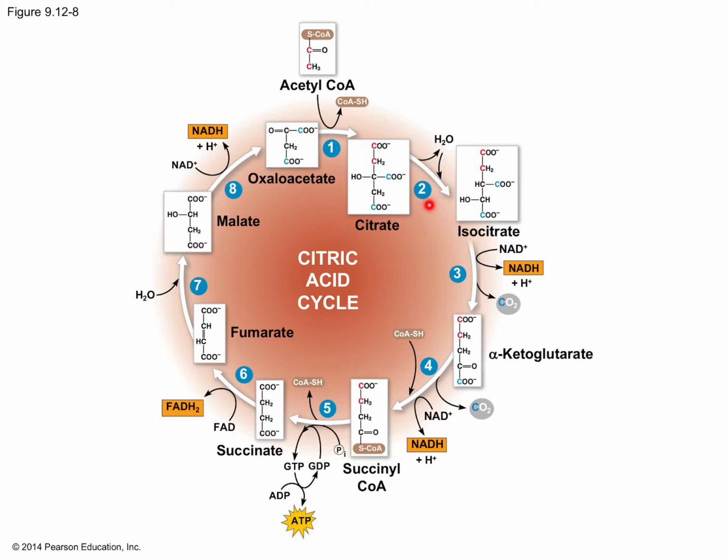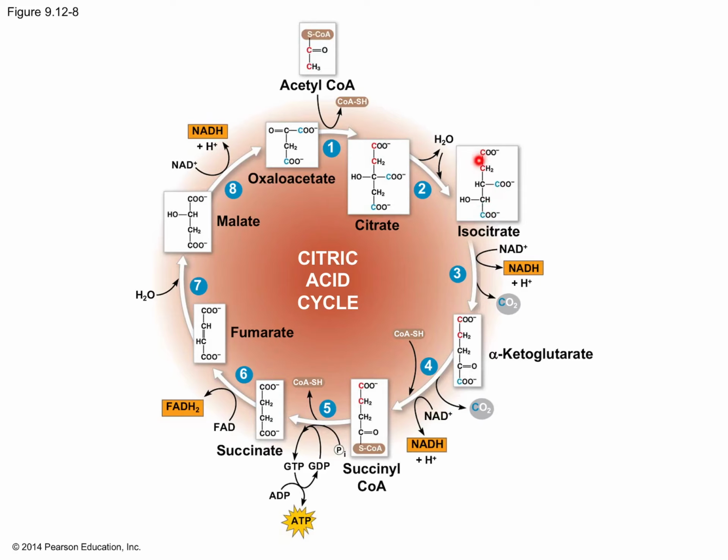All right, step 2, we have basically a rearrangement into this intermediate. Don't worry about the name. You can still see we have our 2 carbons from acetyl-CoA right there. Third step, this is our first electron mining step of the cycle. NAD plus comes in, is reduced to NADH, all right? This is also where we get the first CO2 produced of the cycle. And notice that that carbon in that CO2 is blue.